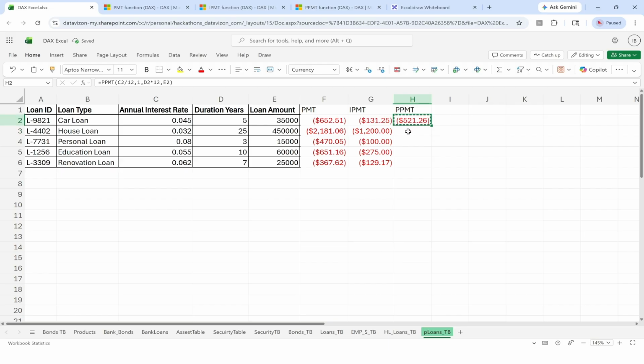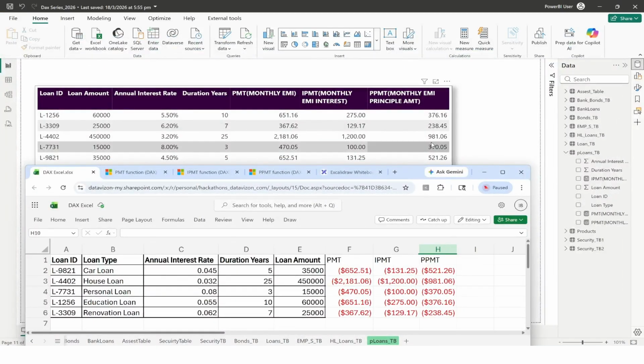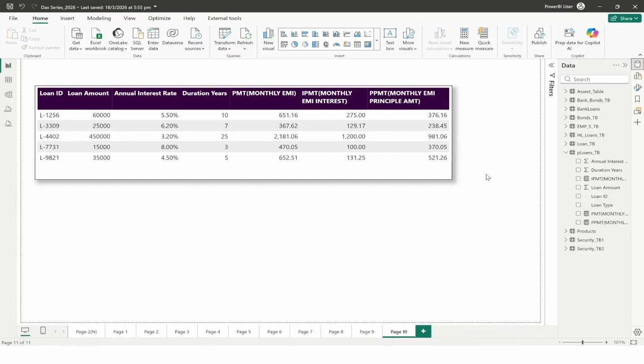Now let's apply the same to all the rows. Now let's go and verify. Here if you see, loan number 9821 521, see exactly matching. 4402 981, okay. 7731 370, 1256 376, and 3309 238, okay. So the values are exactly matching.